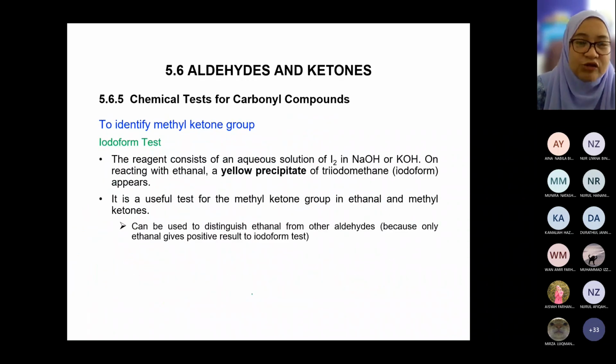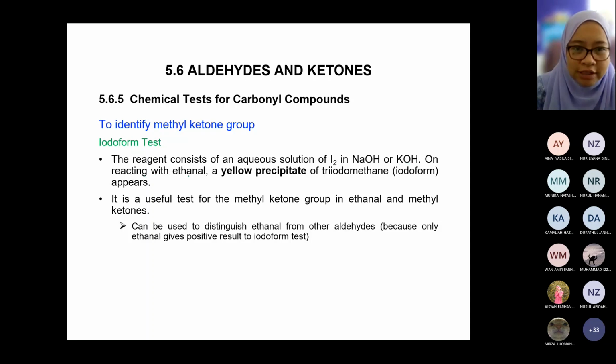Last but not least is the iodoform test. We already had it in alcohol earlier. Remember? The concept is still the same. It detects the methyl group, and this is for carbonyl compounds. It also detects the methyl group, so it is more specific. The reagent consists of an aqueous solution of I2 in sodium hydroxide or KOH.